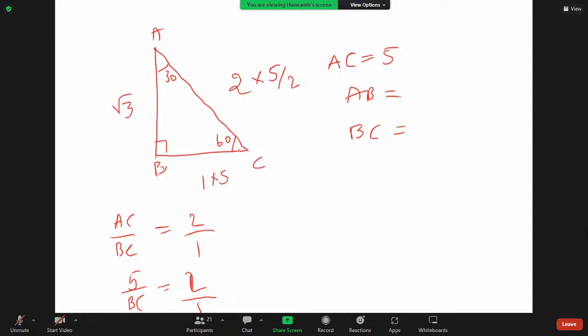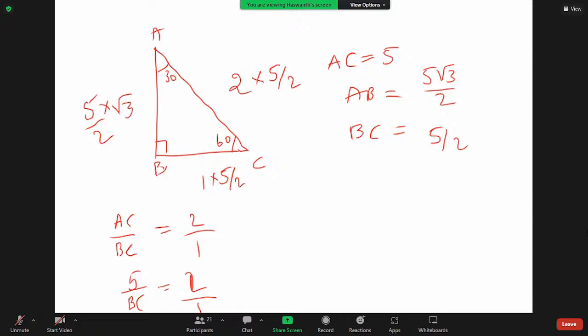Whenever you are multiplying by 5 by 2, multiply all the other sides also. So if AC is 5 units, now BC is 5 by 2 and AB is 5 root 3 by 2.